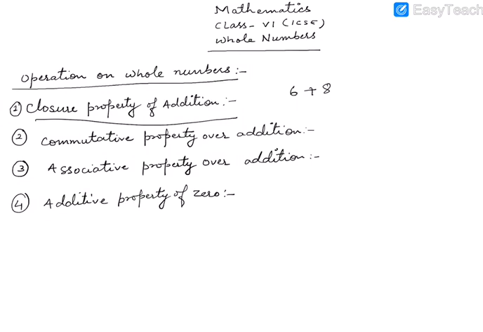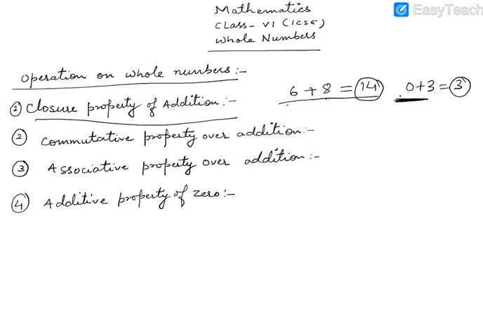If we add two or more whole numbers, the result is also a whole number. You can see the answer is 14. 0 plus 3 is 3. 0 is a whole number, 3 is also a whole number, and the result is also a whole number. So the closure property says that when we add two or more whole numbers, the result is also a whole number.